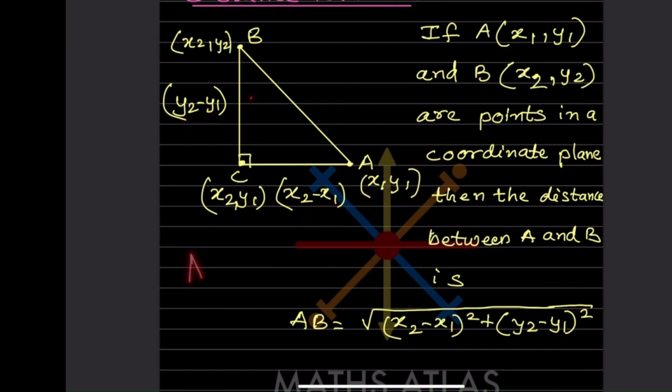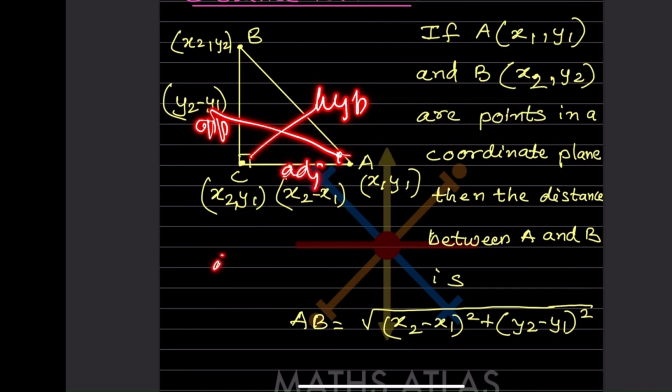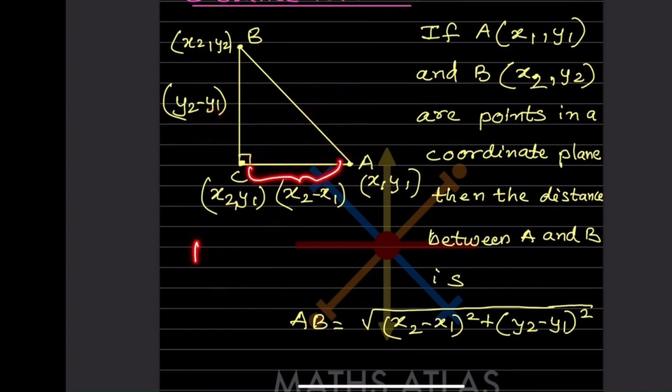This is the hypotenuse, this is suppose the angle, this is the opposite side and this is the adjacent side. So the adjacent square, also called the base square, plus the perpendicular, or we can call it the height, square is the hypotenuse square.